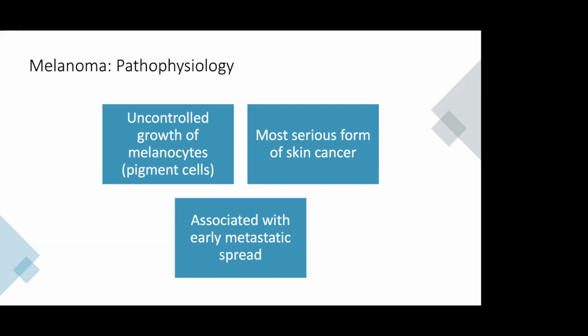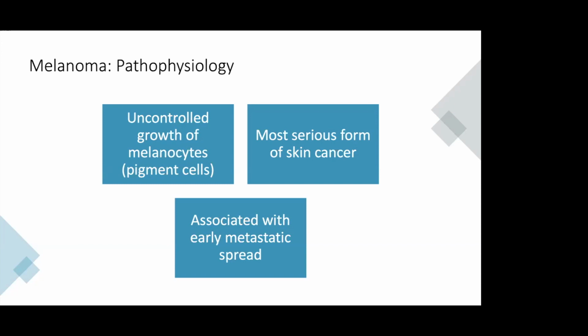So these can both be in situ, and what we mean by that is that the tumour is confined to the epidermis or the epidermal layer. Invasive melanoma, where the tumour has spread down into the dermis, or metastatic melanoma, if the tumour has spread to other tissues.